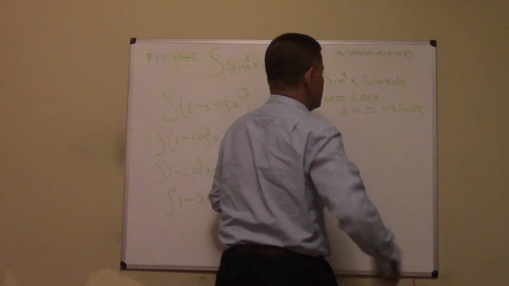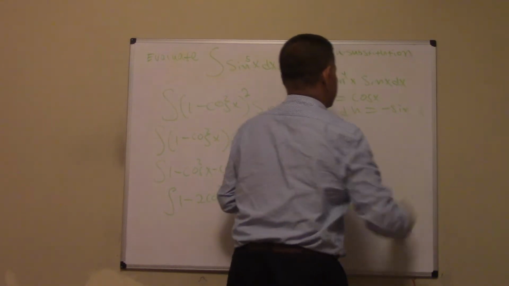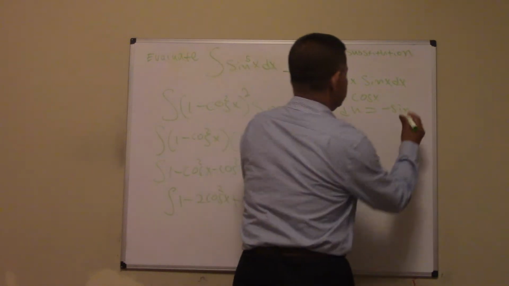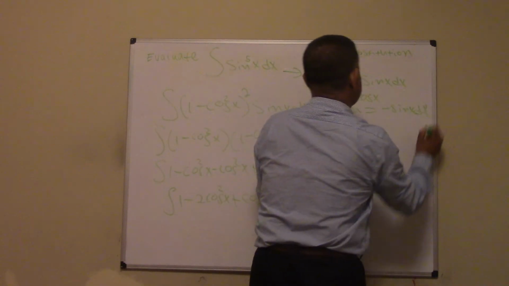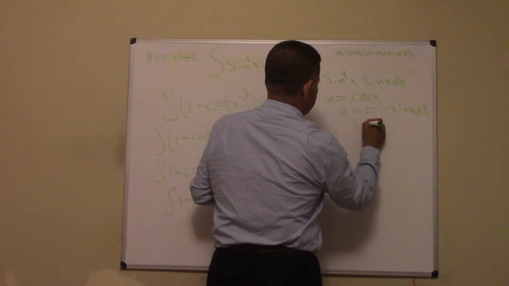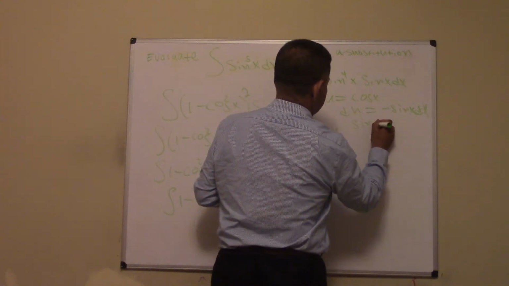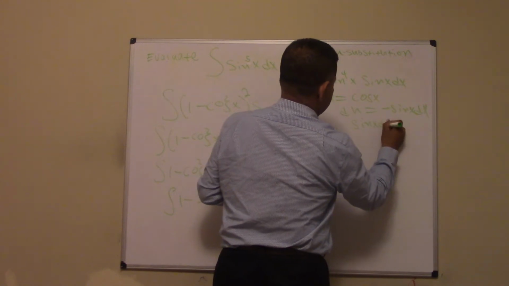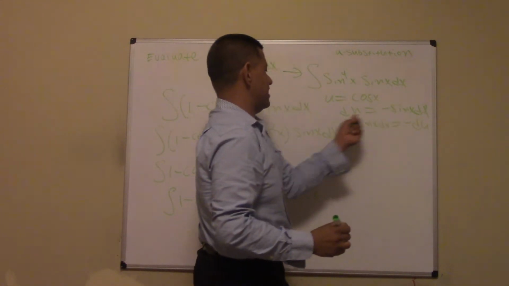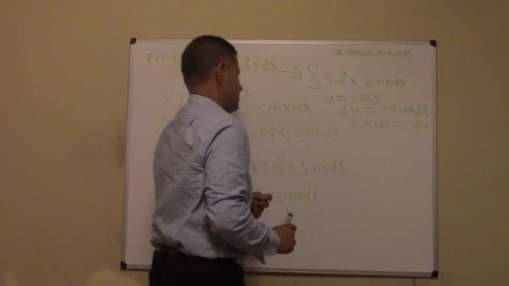Then sine x dx is equal to negative du, right? Just divided by a negative 1 on both sides.